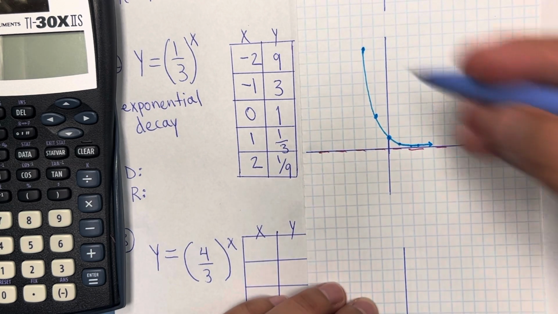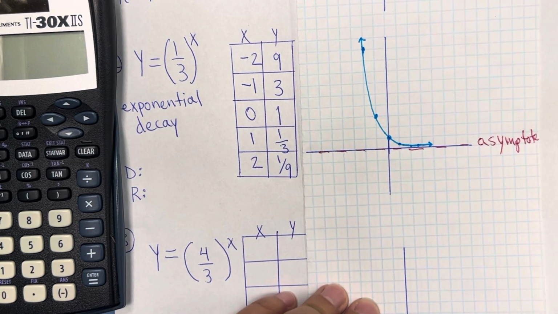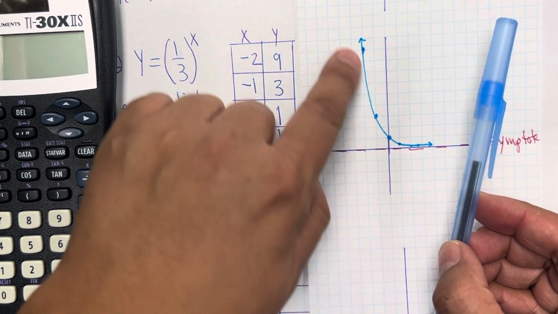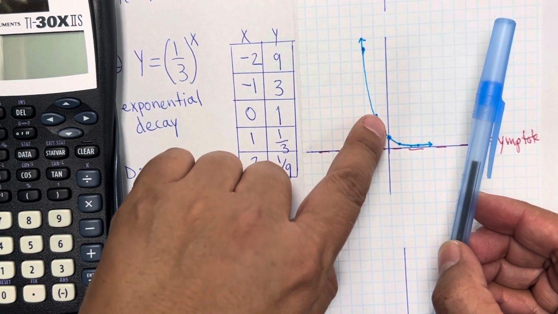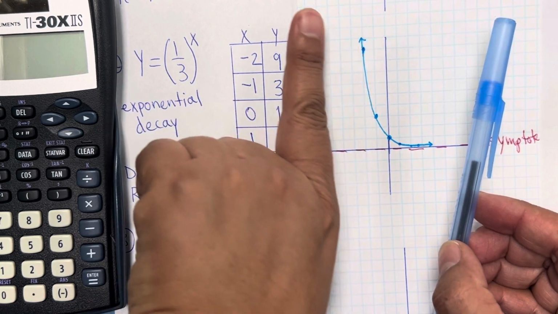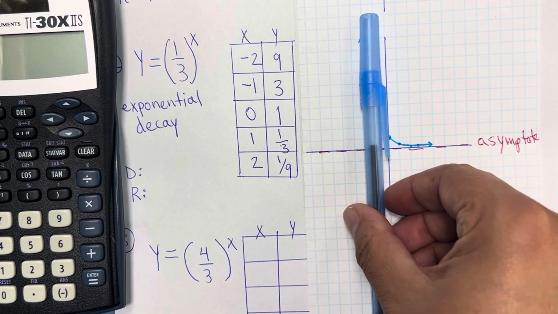Okay, it also goes on and on in that direction. For the domain, again, remember, whenever you have arrows, notice how it's moving a little to the left with each movement, okay? A little to the left.